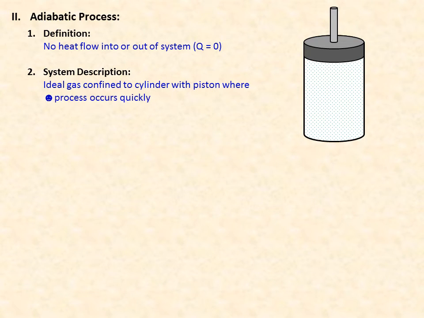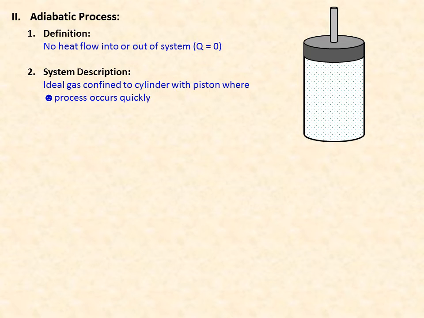Now, how do we ensure the process is adiabatic? In other words, that no heat flows into or out of our system? Well, one possibility is that the process takes place so quickly that heat has not had time to flow. Heat transfer by thermal conduction takes time. So in the event we consider the motion of the piston to be very quick, we can approximate the process as adiabatic.